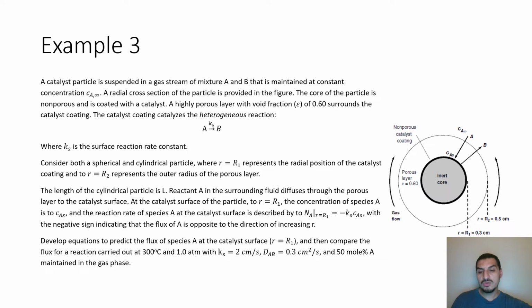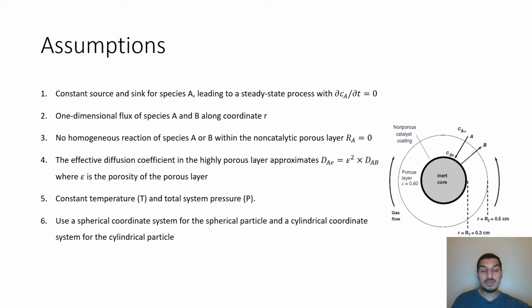So we will solve it twice, once for spherical shape and once for cylindrical shape. For the cylindrical catalyst we will use cylindrical coordinates, and for the spherical catalyst we will use spherical coordinates. These are the assumptions that we have, and then we can go to the solution.